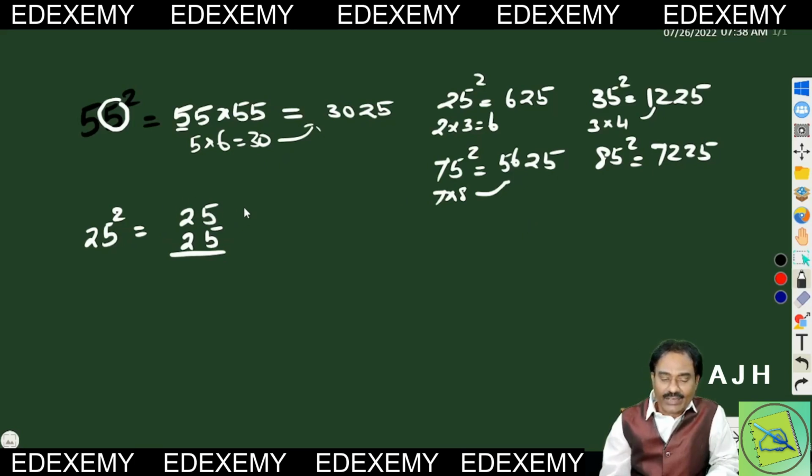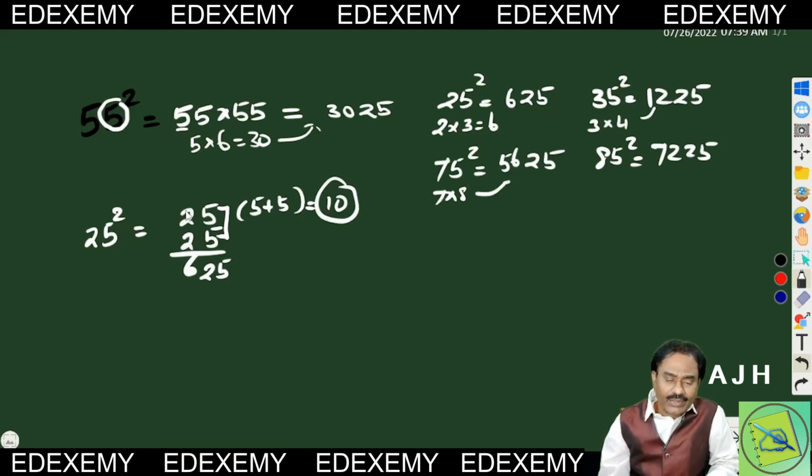How does this work? 5 plus 5 is equal to 10. If you add the unit digits of the 2 numbers and it is 10, then this pattern works. So 5 into 5 is 25 and 2 into 3 is 6. Like this we find the answer.